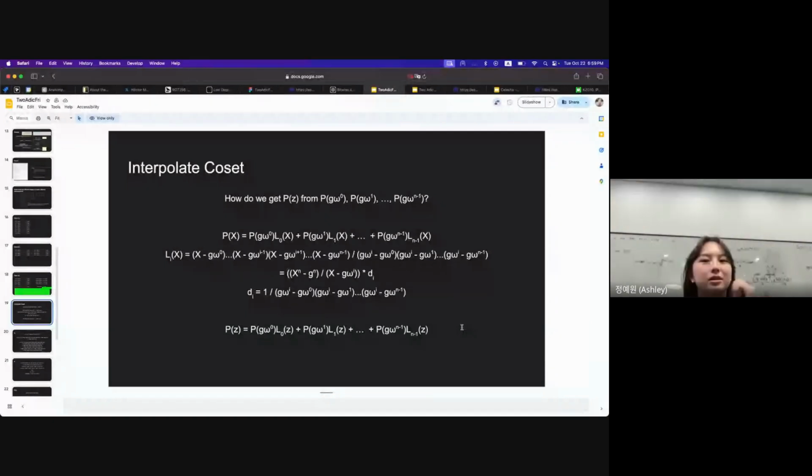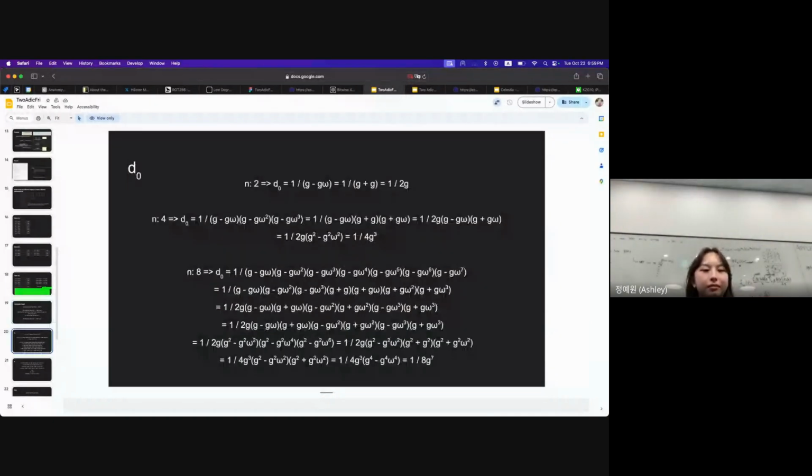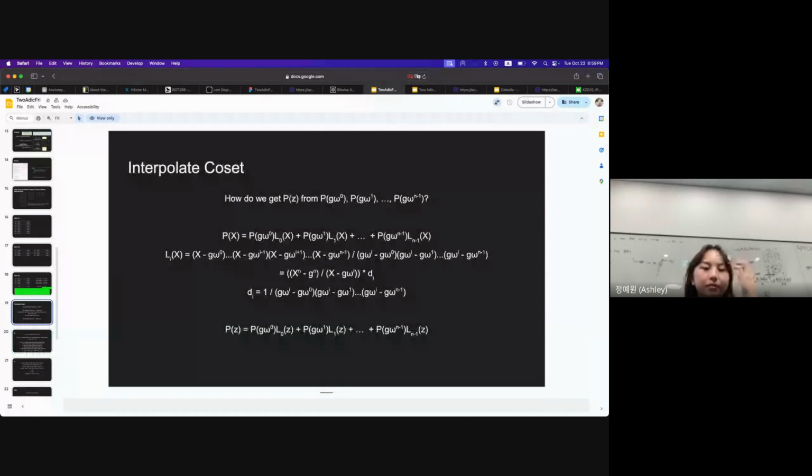Also, you need to go to the next slide. The previous slide showed PC is actually the evaluation of P(X) at C, but we can't compute R at this moment. In order to identify what the R Lagrange polynomial is, we need to go to the next slide.